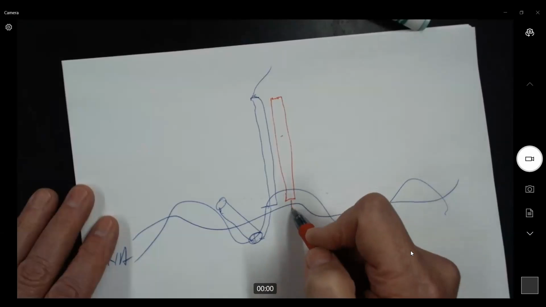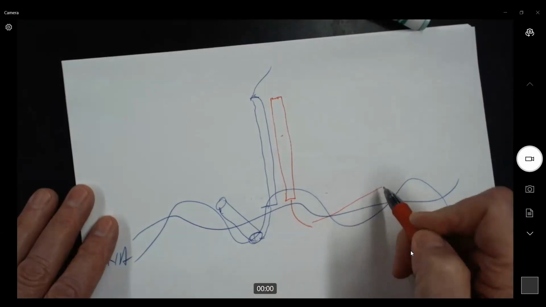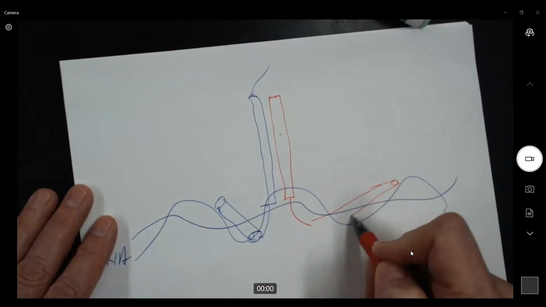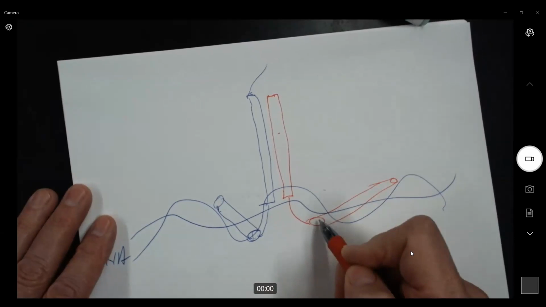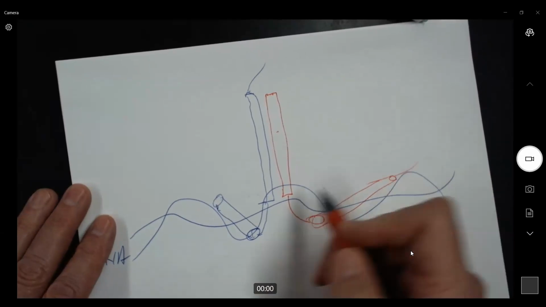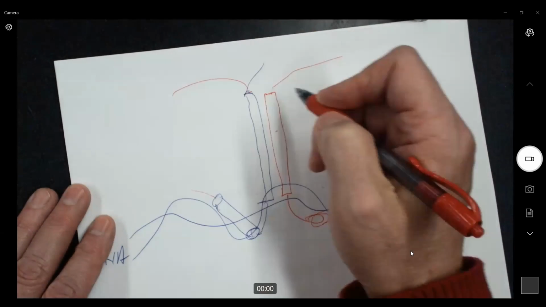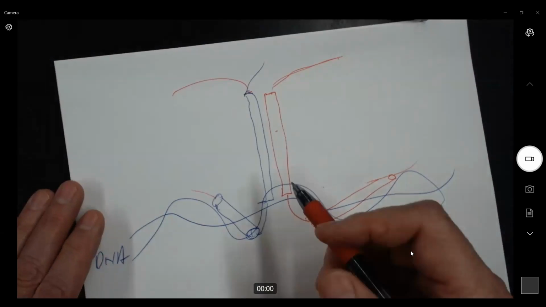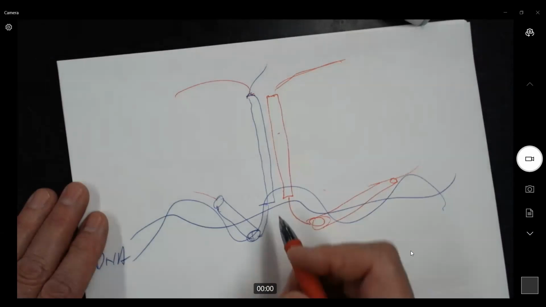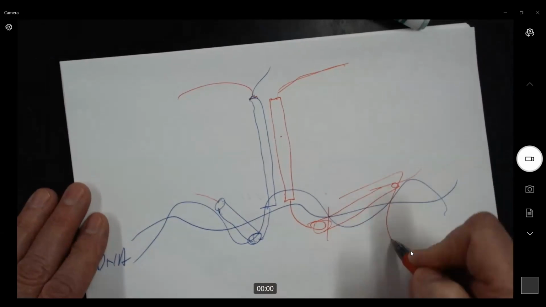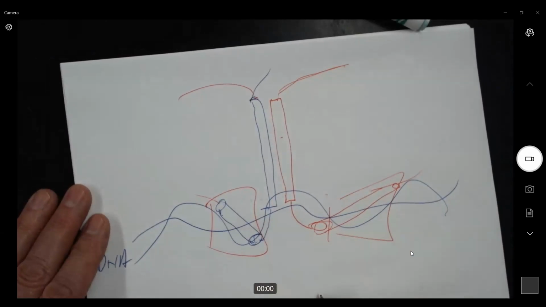And then you have a loop, and then this one helix will be in this major groove over here. And then this protein goes off over here, this protein goes off over here. So there's your basic structure. These will bind to two different sites on the DNA.